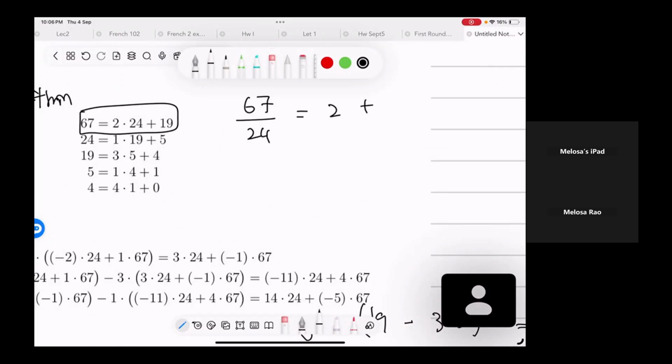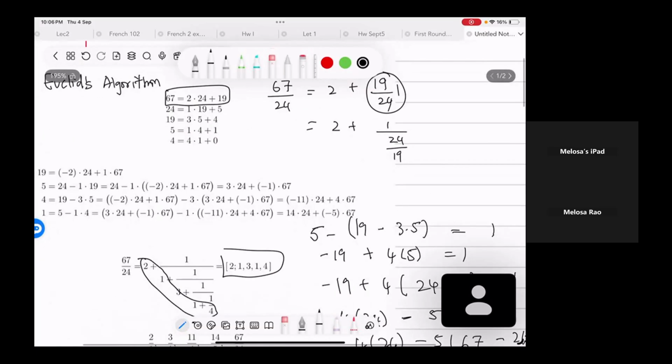So we get 2, plus 19 over 24. Now 19 over 24 can also be written as 1 over 24 over 19. Now we use the second equation like we did the first equation, dividing both sides by 19. So then we get 24 over 19 is 1 plus 5 over 19.